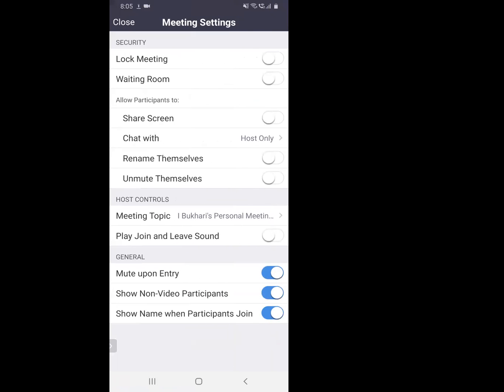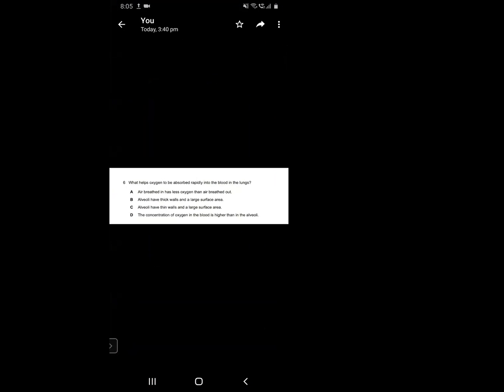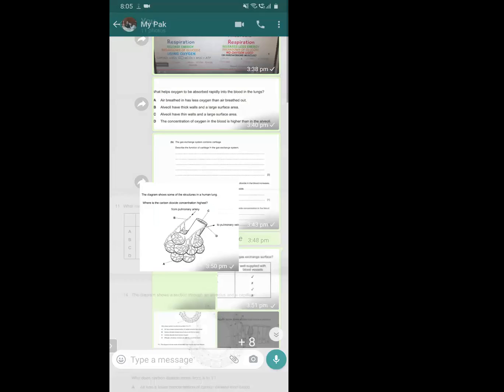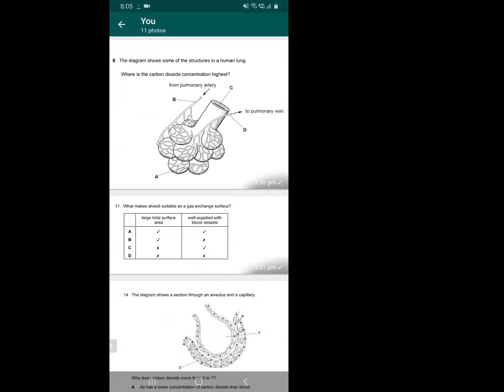So the first question, what makes alveoli suitable as a gas exchange surface? I will share for the rest of the students so that they know which question we are discussing. Question number 11.